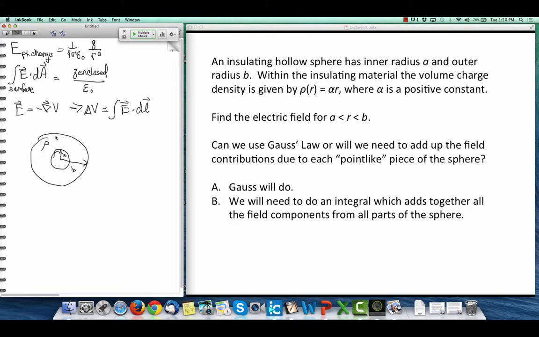So I'm going to make a graph of this, and then I'll ask you whether you can use Gauss's law or not.